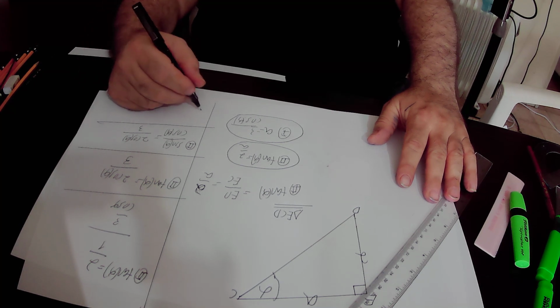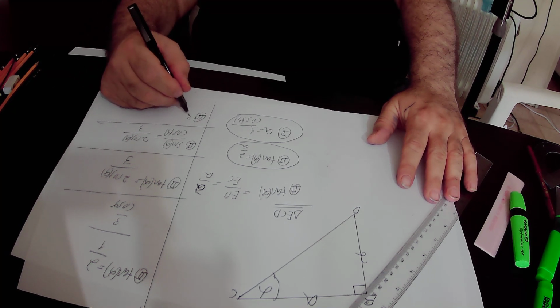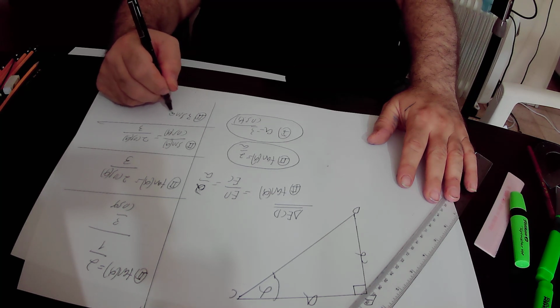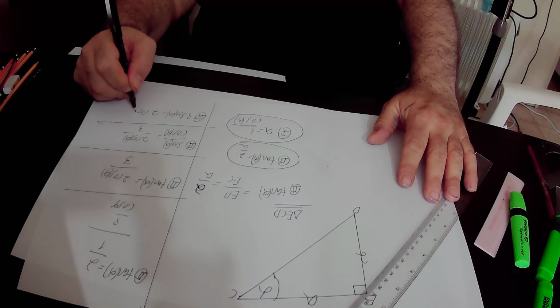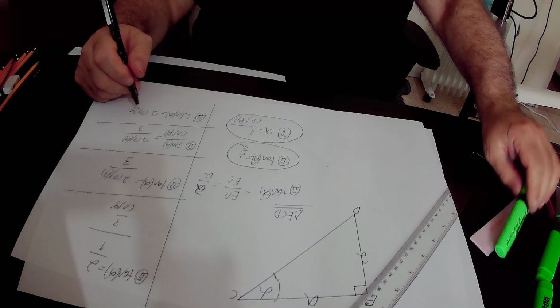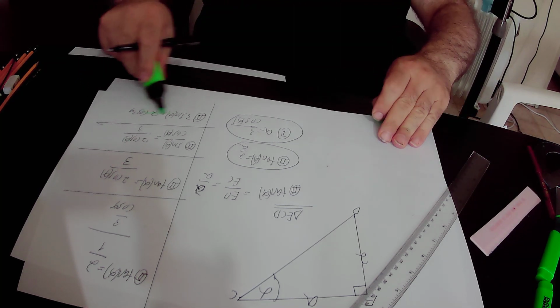Here we'll cross multiply this equation number 2, and we get that according to equation number 2, 3 times sine alpha equals 2 times cosine square alpha. Okay, this is equation number 2.